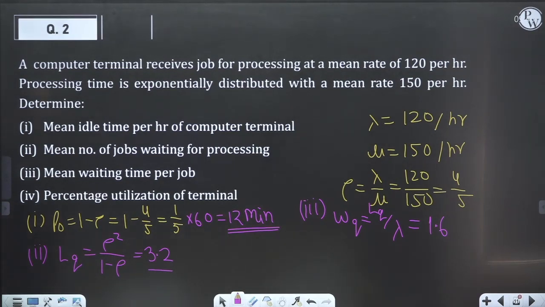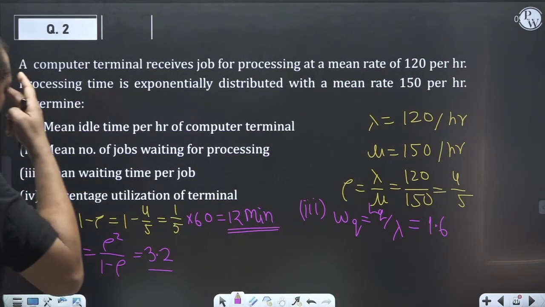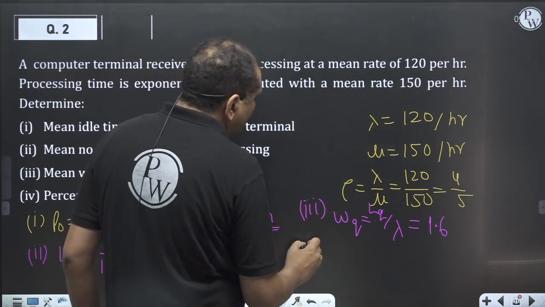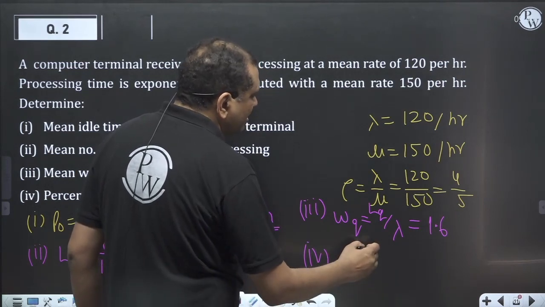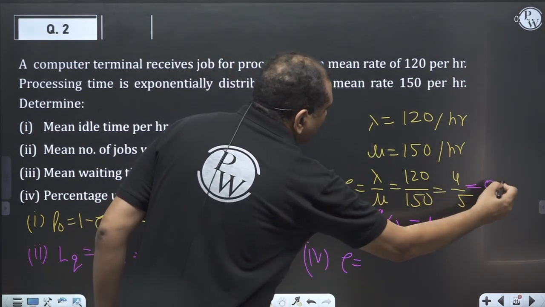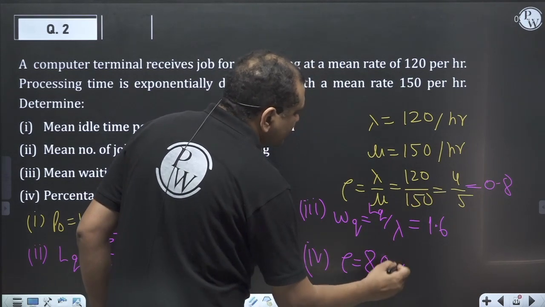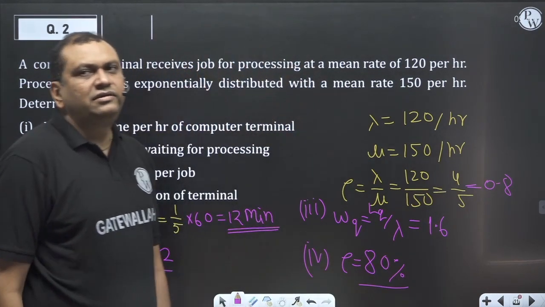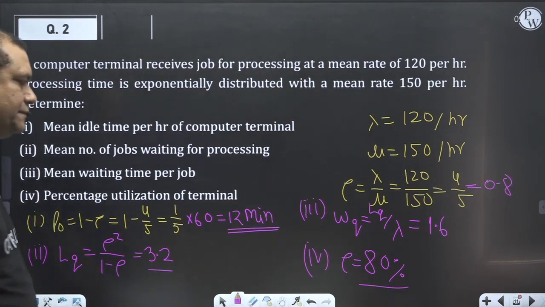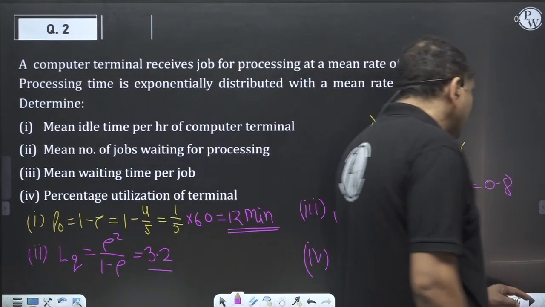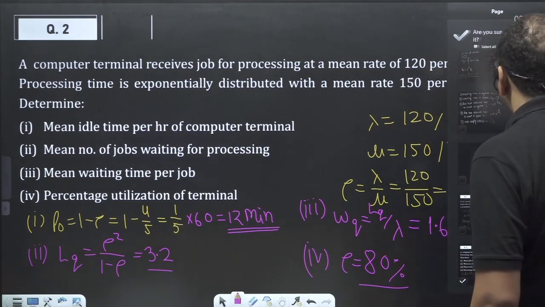That is the mean waiting time per job. Percentage utilization of the terminal: rho is the percentage utilization of the terminal. So 80%. The terminal is utilized for 80%.